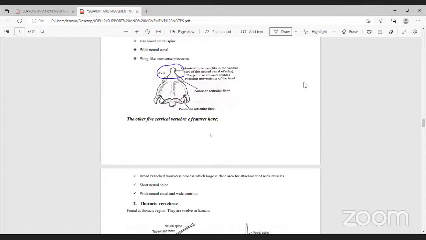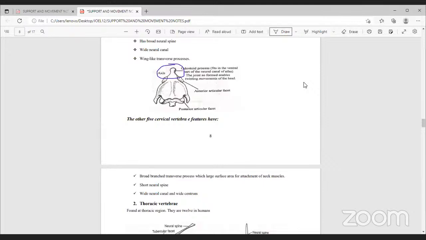So leave some 4 or 5 lines again to draw the diagram of the axis there. Then you see that the other 5 cervical vertebrae have the following features in common.